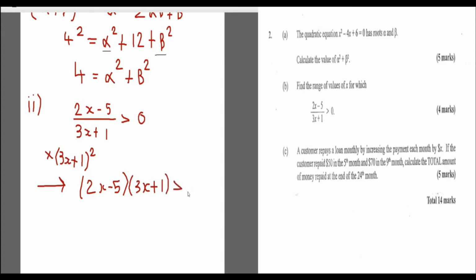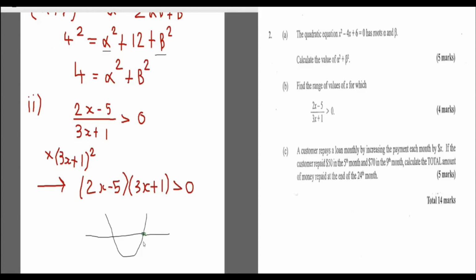Now, I always like to draw a sketch before I write down my solution, a sketch of the quadratic graph, and the roots would be 5 over 2 and minus 1 over 3.